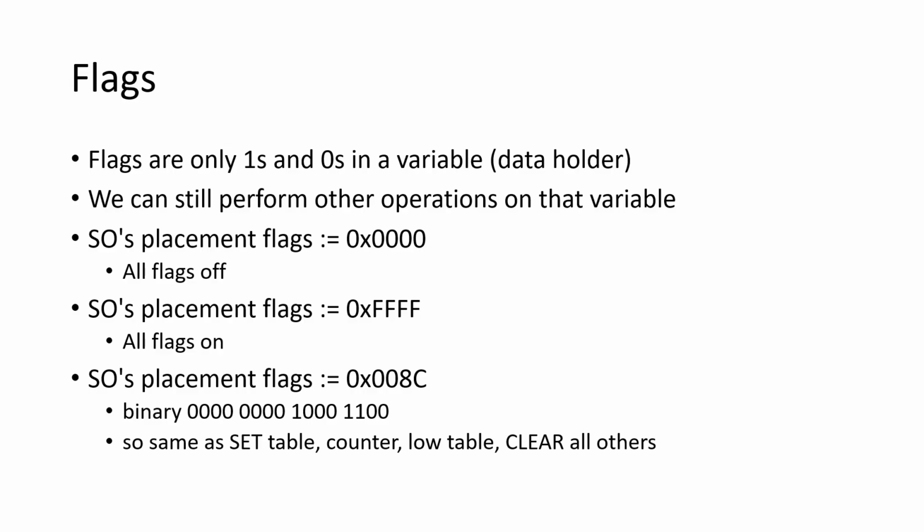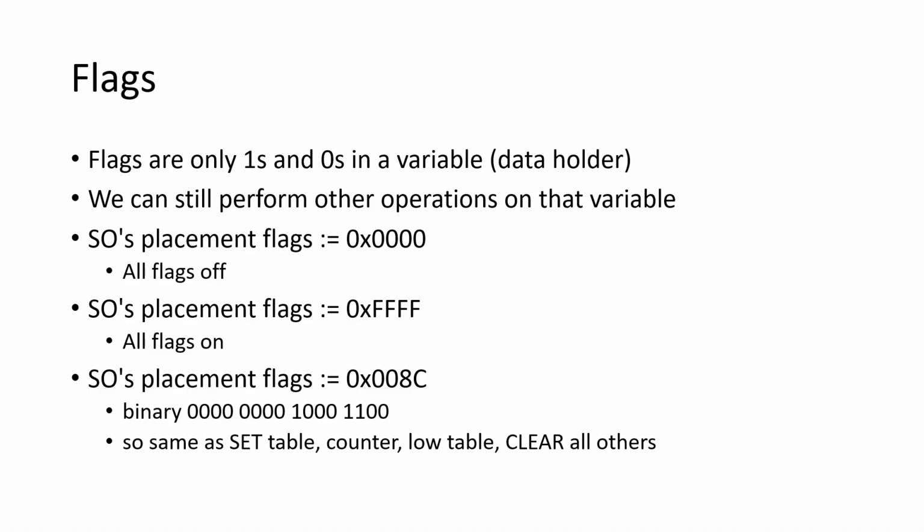So if you wanted to set every flag off, you don't have to do clear flag 1, clear flag 2, clear flag 3, clear flag 4, all the way up to clear flag 16. You can just do flag value equals 0, and they'll all go off. In the same way, if you set them to the value 0xFFFF, which is 1111111111111111, they all go on. So all that's happening is 0s and 1s are being set into a value.